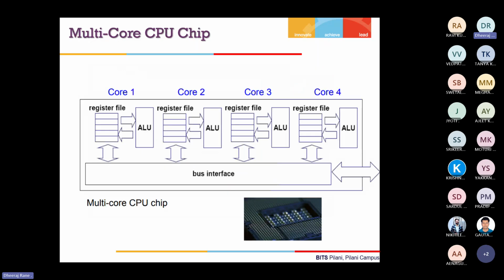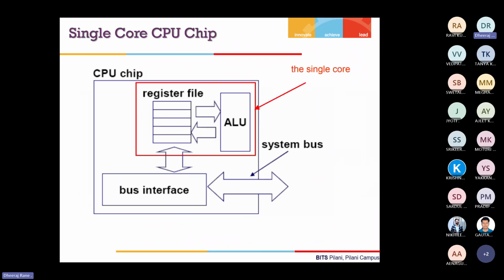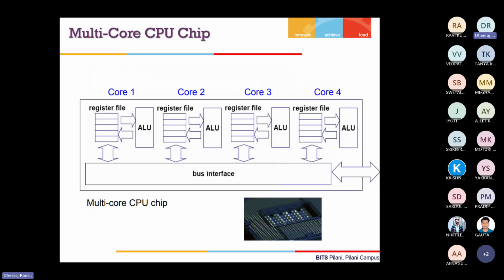In a multi-core chip, we have multiple cores, and corresponding to each core we have the equivalent of a single processor. Here there is a single ALU, whereas here we have multiple registers corresponding to each core. Not only this, we will have the RAM and the cache corresponding to all the cores.